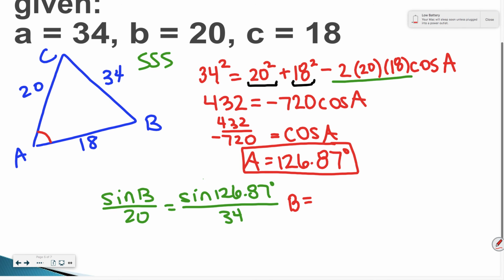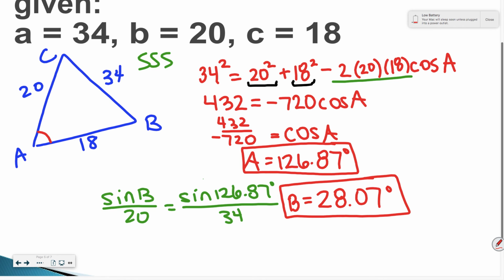Mary, what'd you get? 28.07 degrees. All right, and then what's left over for angle C?